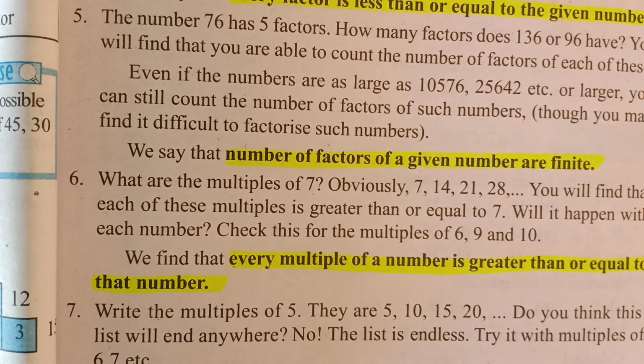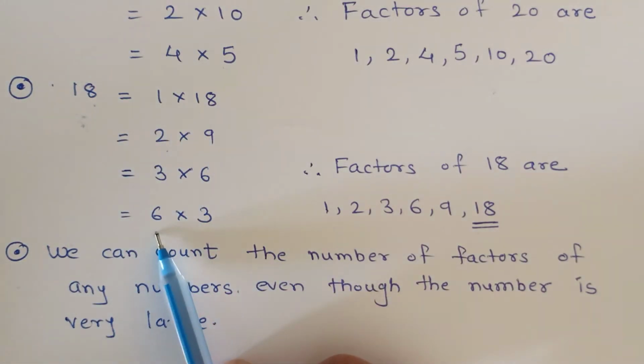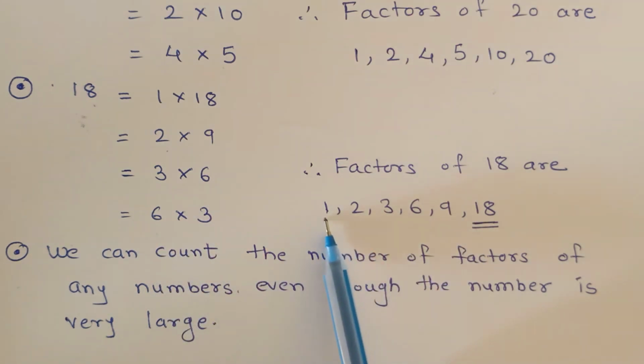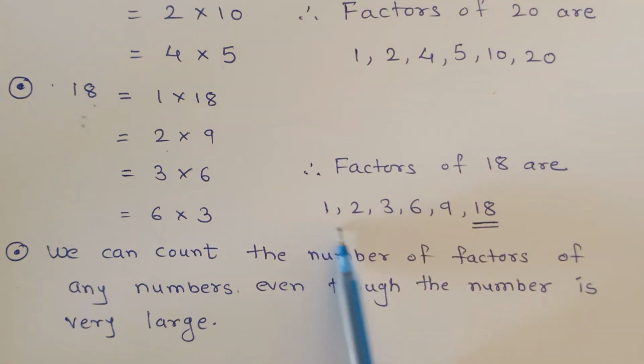In the previous example, we took out the factors of 18 and we can count them: 1, 2, 3, 4, 5, 6. So we can count the number of factors of any number even though the number is very large.